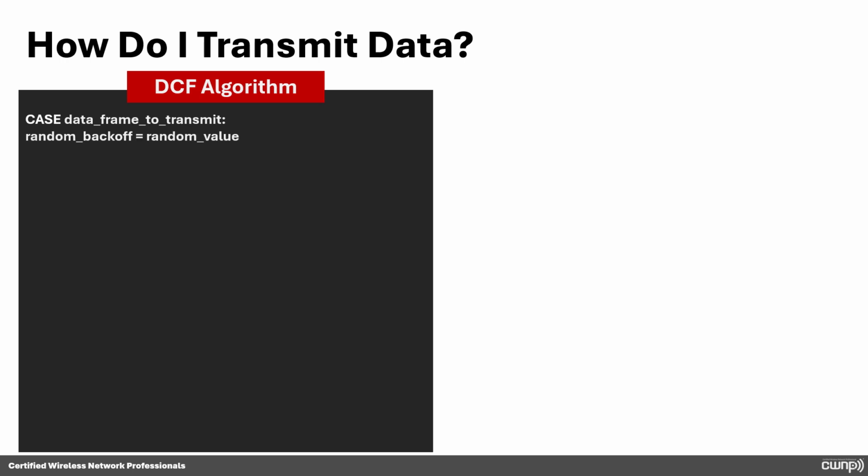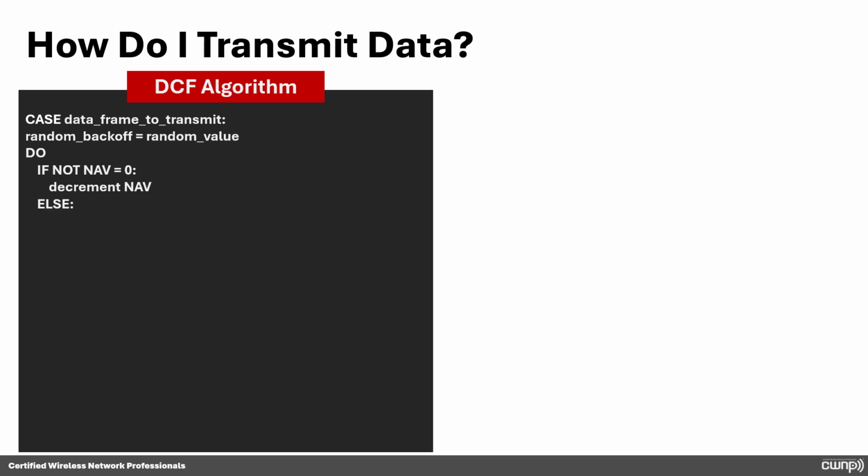First of all, we need to set a random backoff timer to a random value. We're not going to look at the specific variables for doing that, but we are going to pull that from the contention window values. And then what we're going to do is do a loop. So we're going to say, if not NAV equals 0, then we need to decrement the NAV.